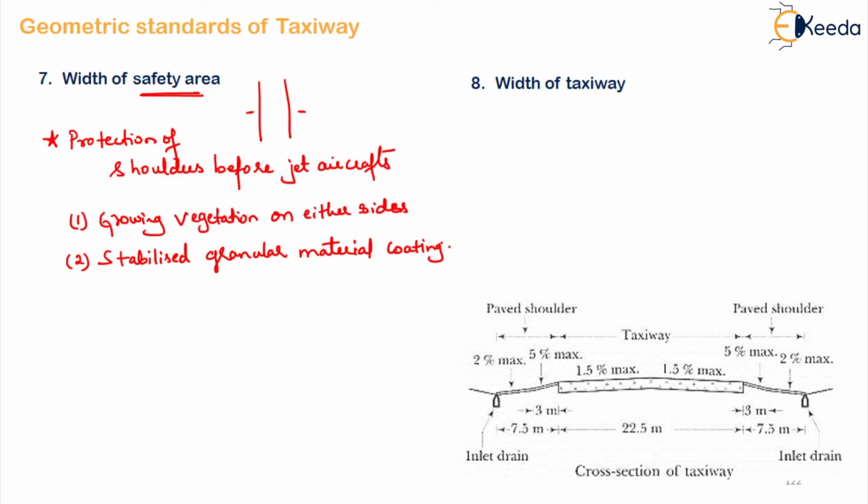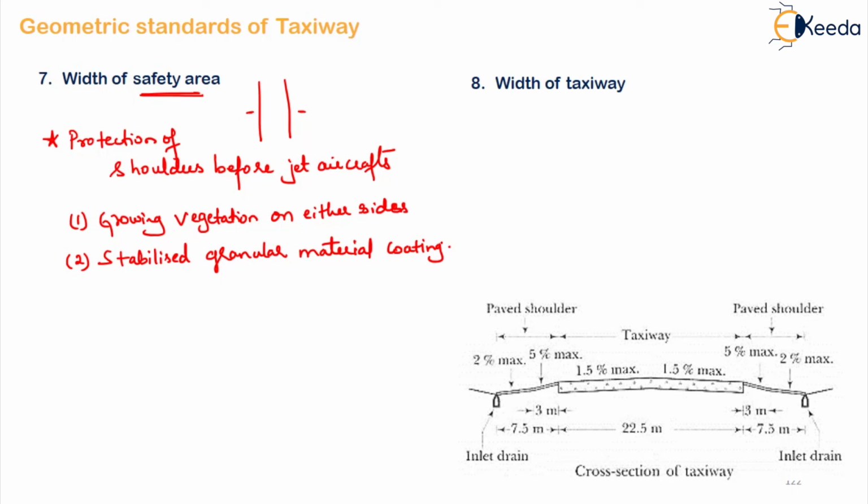Now, once the arrival of jet aircraft happened, it became necessary that we protect the shoulders from soil erosion, because the jet exhausted from the jet aircrafts is at a very high speed.